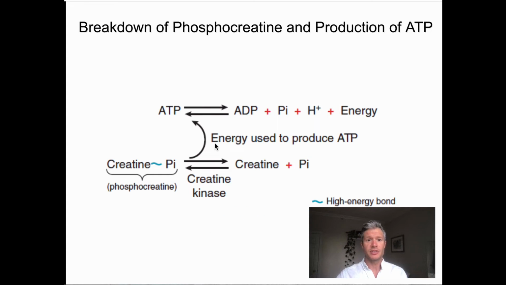And from that release of energy, we can pair that up to anabolically add on another phosphate group, so we get ATP. You take ADP, add a phosphate, and we make ATP. When creatine phosphate hydrolyzes, or breaks apart, this high energy bond, just to be really redundant about that, is where our energy comes from to take ADP and turn it into ATP.